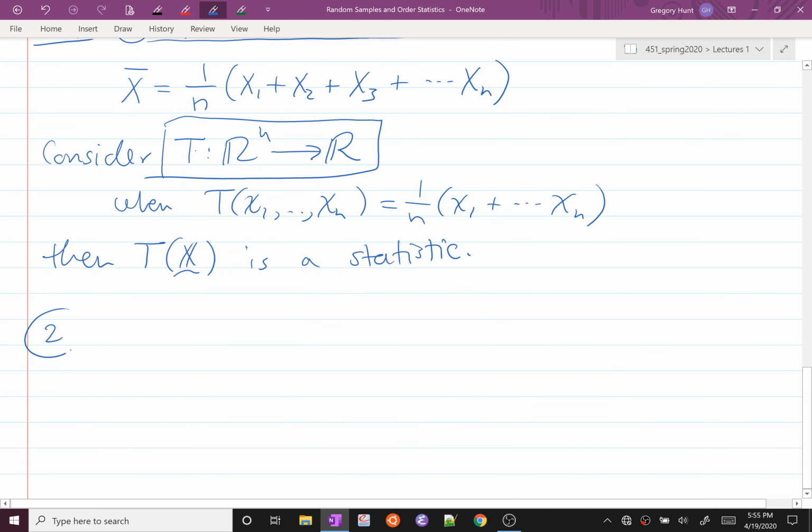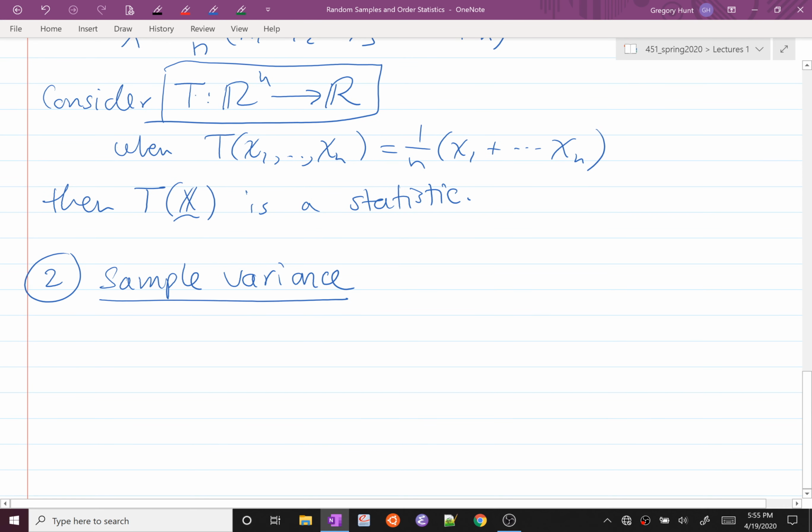Another example of a statistic is the sample variance. Sample variance is often defined with the symbol s squared, and the formula is 1 over n minus 1 times the sum, i goes 1 to n, of xi minus x bar, squared.